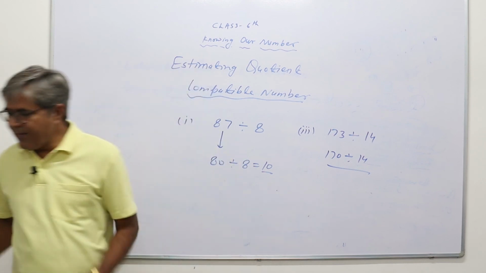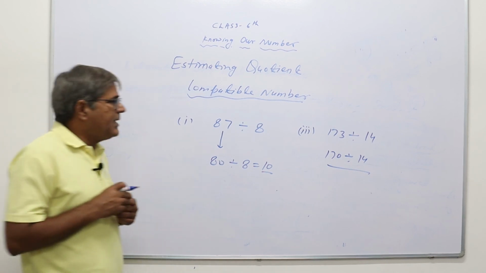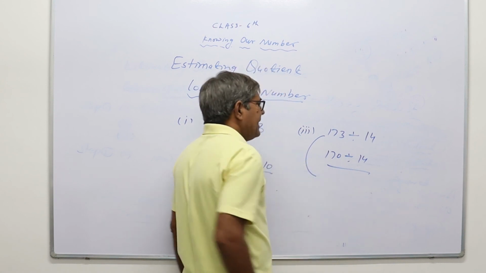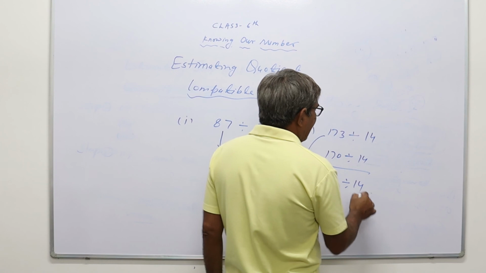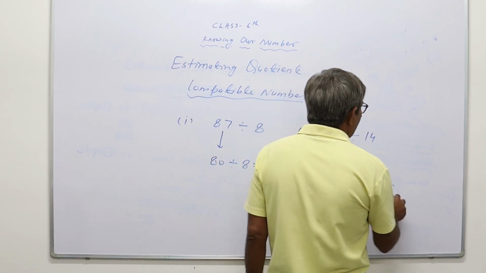But when 170 is divided by 14, its division is not possible. So we will take the compatible number 180 and then divide by 14. So its quotient will be 15.